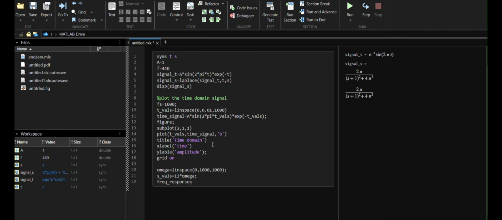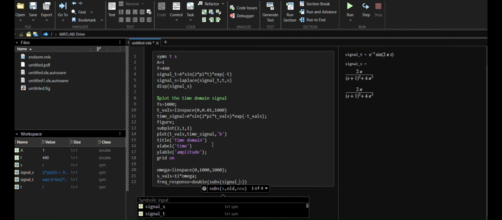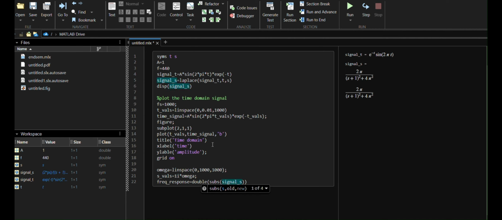is equal to, double subplot. That means plot the time and frequency domain together. Signal. Yes, we already have s vals.